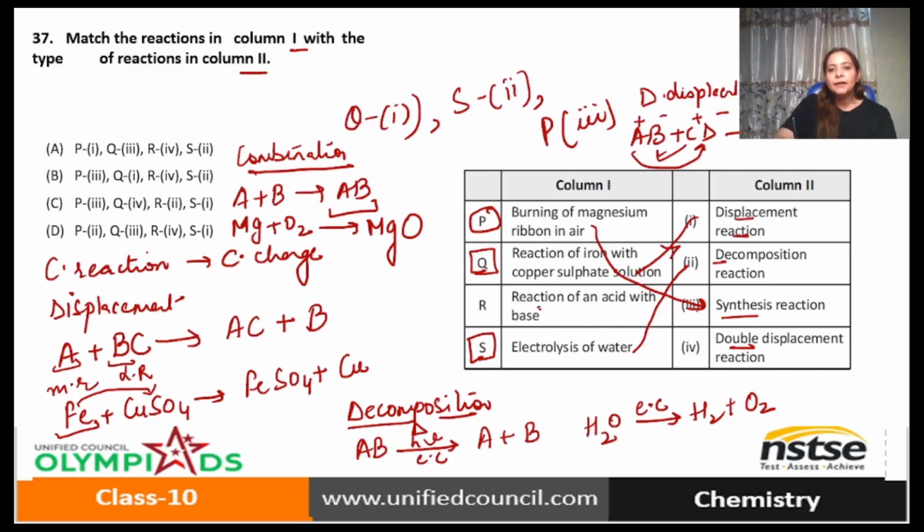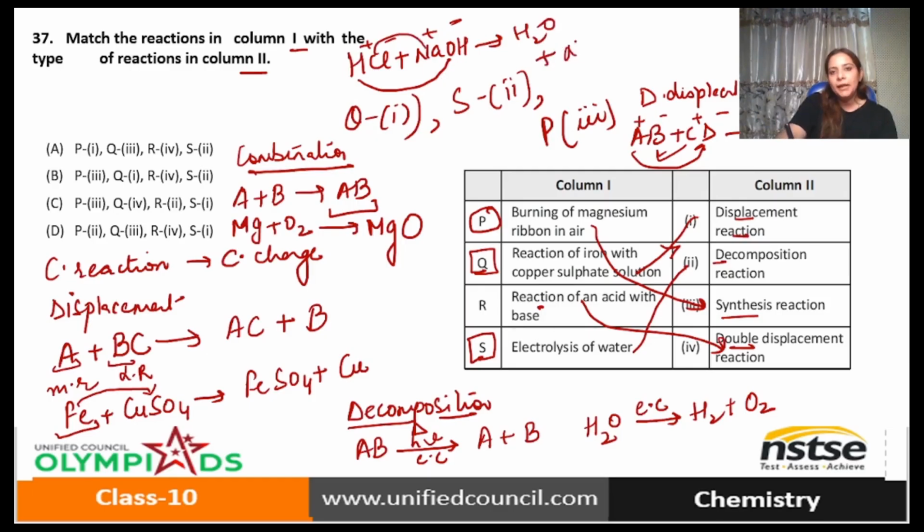The reaction of acid with base is a double displacement. Let's take an acid, HCl, and a base, NaOH. We put their valencies and they interchange their partners. We get H2O, and Na combines with Cl, forming NaCl. So R matches with 4.